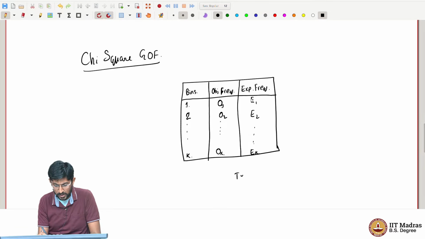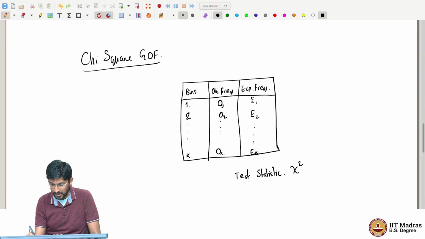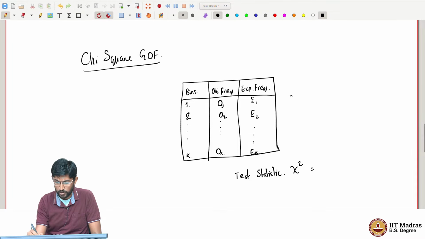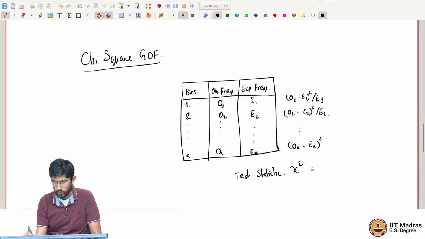You will compute the test statistic, which is going to be the chi-squared statistic, and this chi-squared statistic is going to be computed as (O1 minus E1) the whole squared by E1, (O2 minus E2) the whole squared by E2, so on and so forth up to (Ok minus Ek) the whole squared by Ek, right?